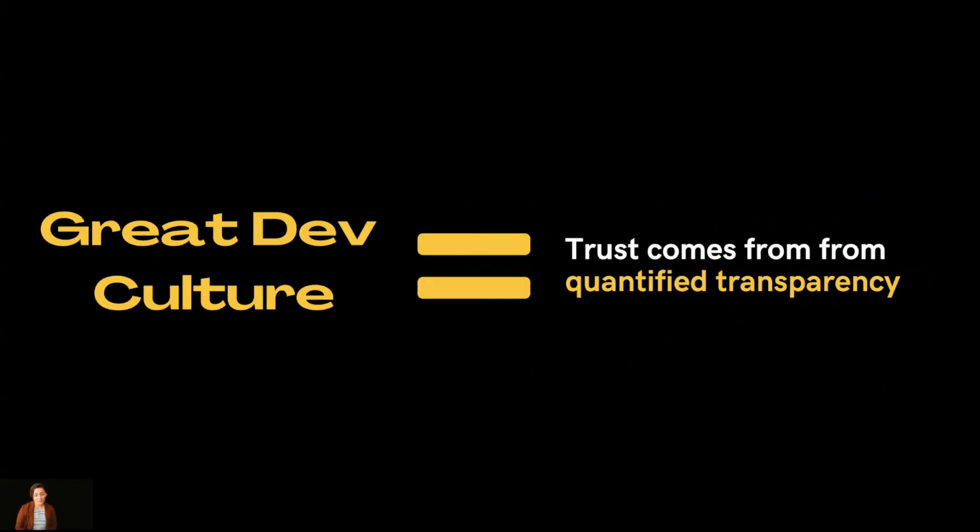Now, this for me is what allows for truly great dev culture, because great dev culture is when trust comes from quantified transparency in distributed systems. That's a type of transparency that you can only get through doing site reliability engineering and error budgets in place.